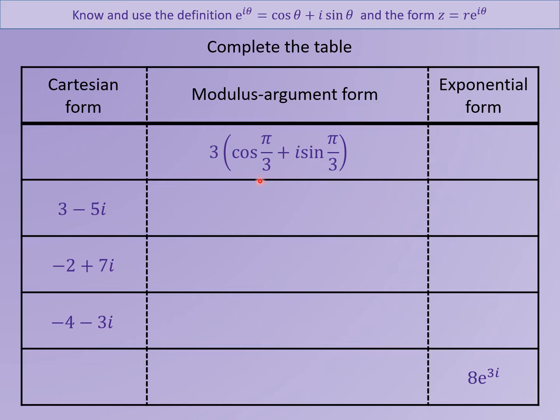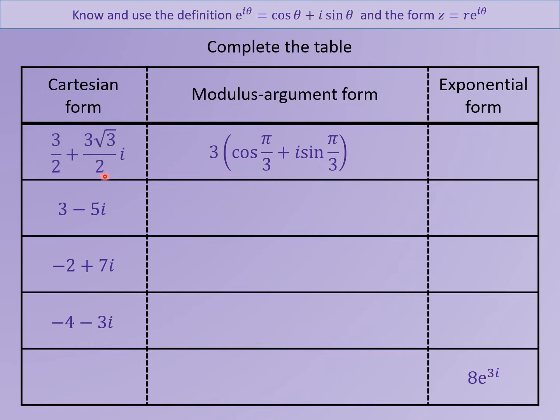Okay, so if you needed the first example, what I would do for this one, I would definitely notice that I've got a modulus of 3 and an argument of pi over 3. So that means the exponential form is really easy because it would just be 3e to the pi over 3i. For the Cartesian form, I'll get my calculator and type in 3 cos pi over 3 equals, that's the real part, 3 sine pi over 3 equals, that's my imaginary part.